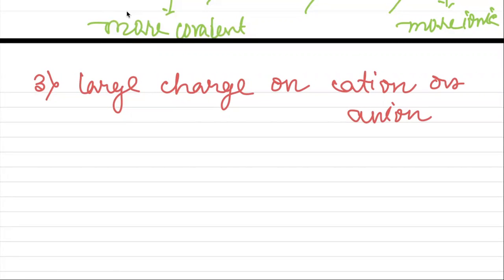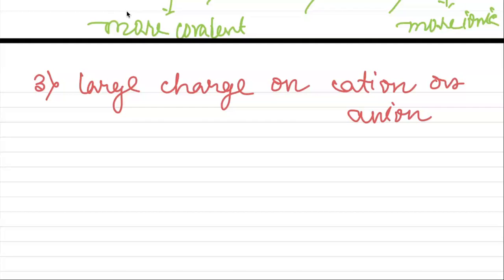Obviously, the larger the charge on cation, the greater is the polarizing power, and the larger the charge on anion, the greater is its tendency to get polarized. It is obvious.